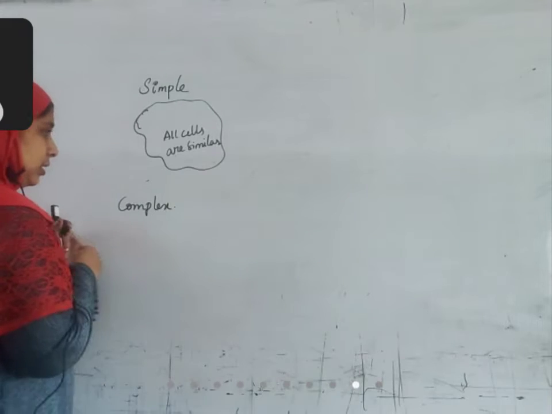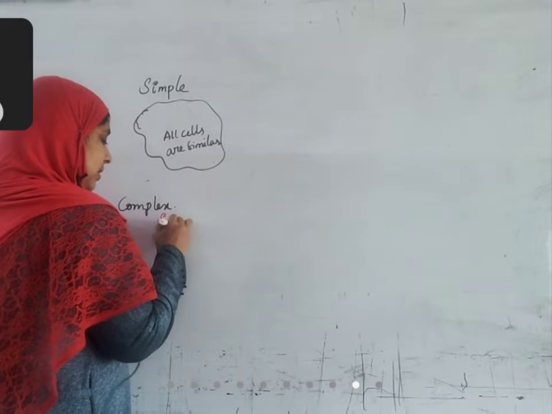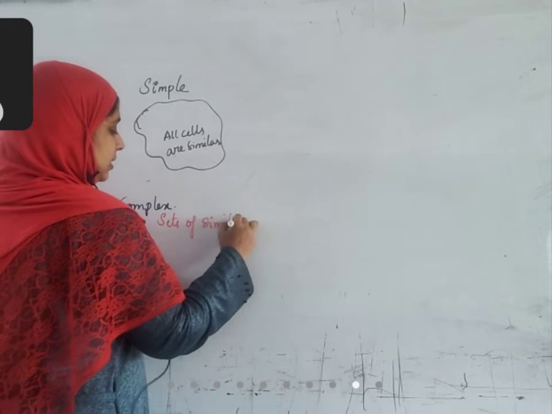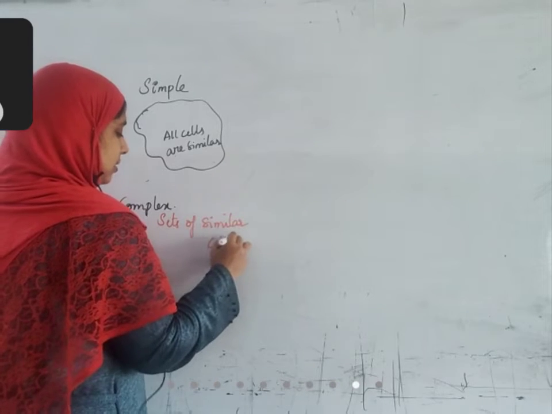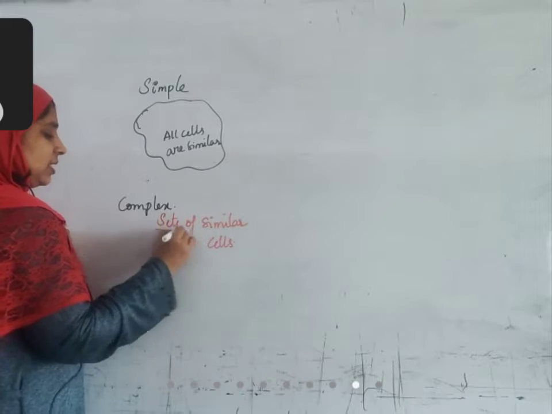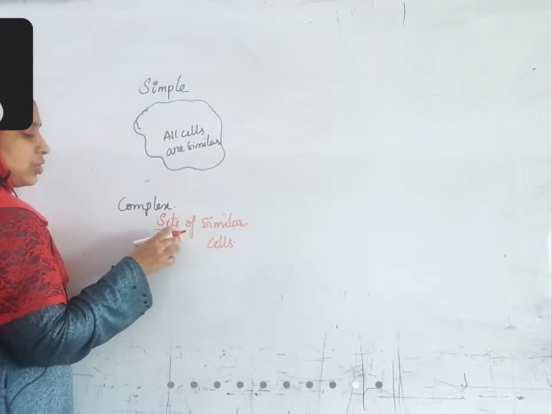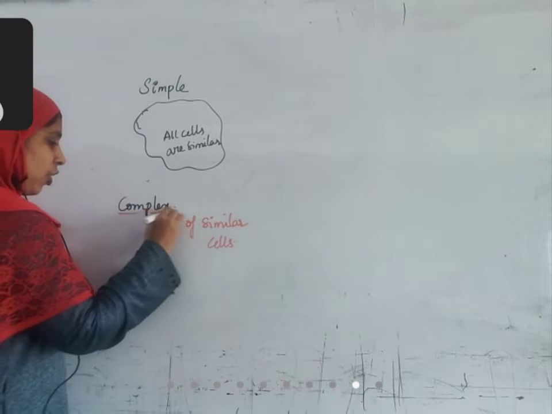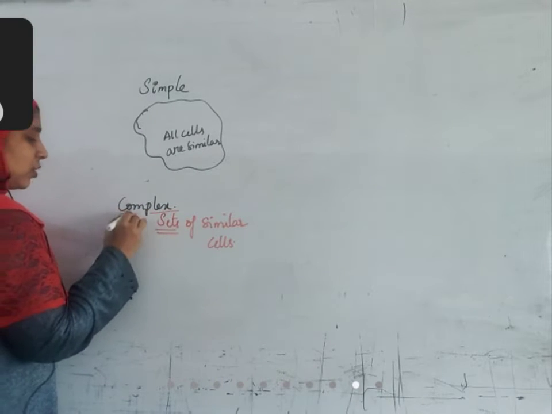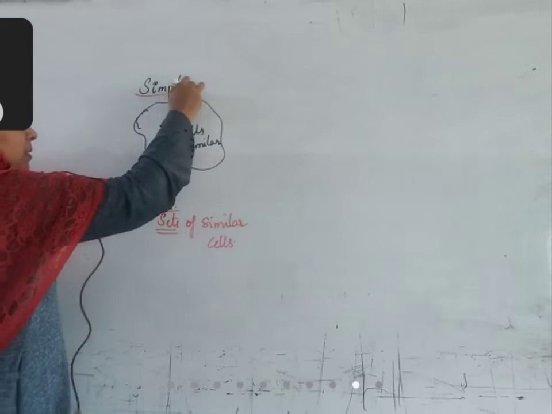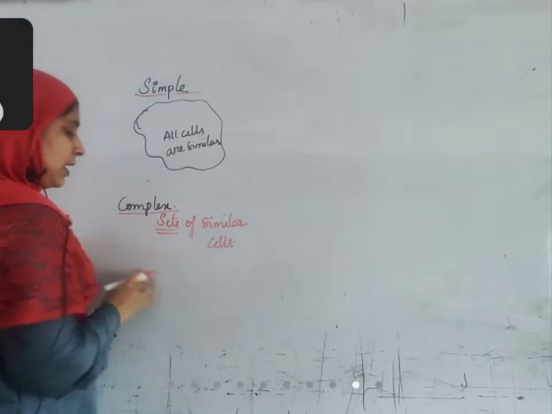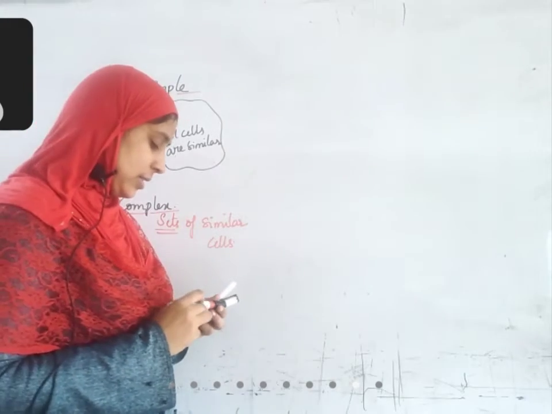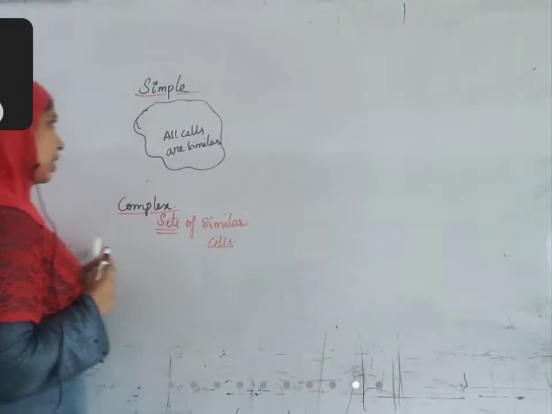It has sets of similar cells. These sets are not the same. Each set is different from another set. So that is why the name used is complex. It's not simple, it is complex. Simple permanent tissue has all the cells similar, but complex tissue has different sets of similar looking cells. That is the difference. Okay.